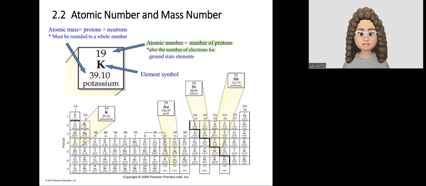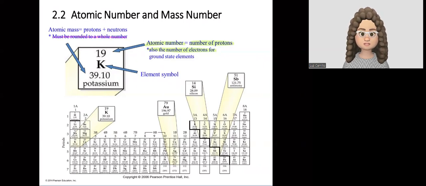Another piece of information given in the periodic table is the atomic mass. In order for us to derive the subatomic particles, specifically the neutrons, the atomic mass needs to be rounded to a whole number.